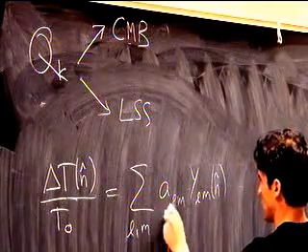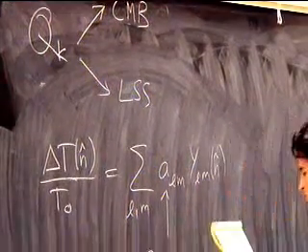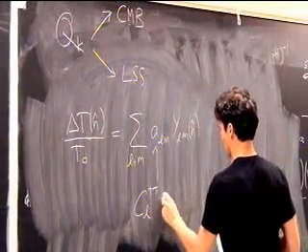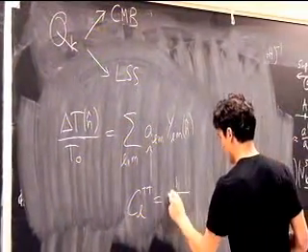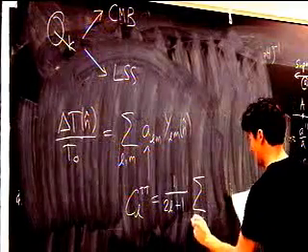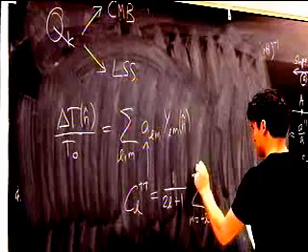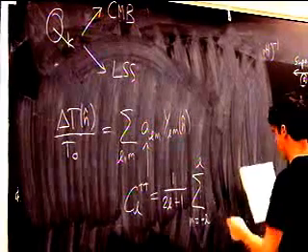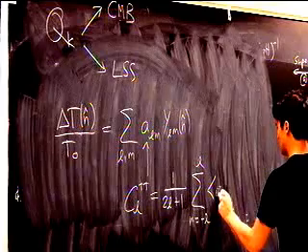And then from these harmonics, you can define a rotationally invariant angular power spectrum. You sum over the m modes, and that's because of isotropy of the background.